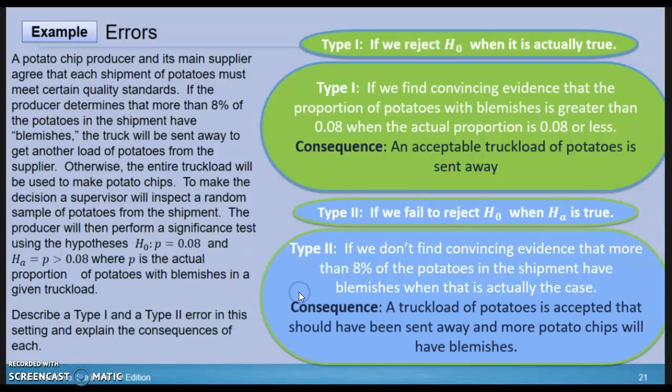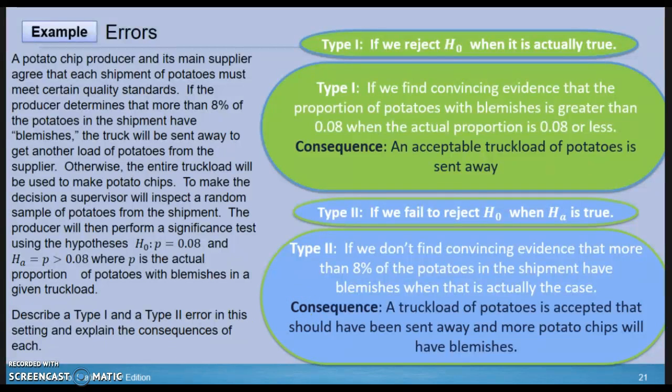So if you think about the consequence here, that means a truckload of potatoes comes in and the guy is saying, oh, these are great. And actually, they shouldn't be staying. They should be shipped away. So it's a truckload of potatoes that's accepted when they should have been sent away, because now if they make potato chips with that bad batch, those potato chips are going to have blemishes, like when you see those brown spots on potato chips.